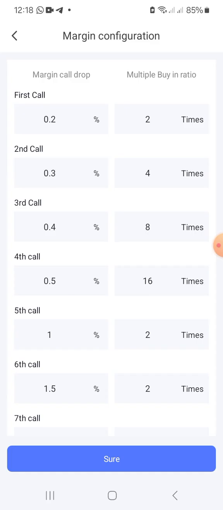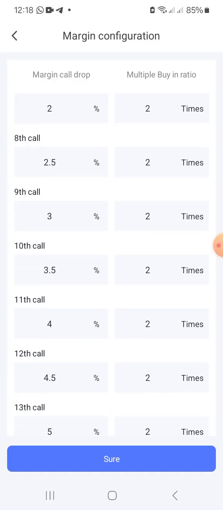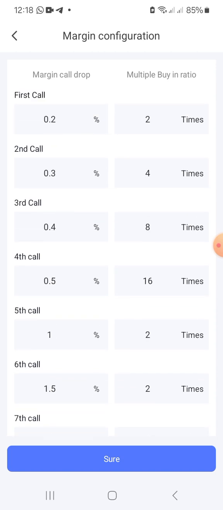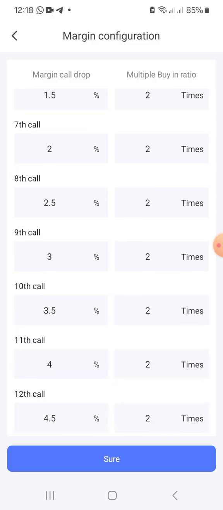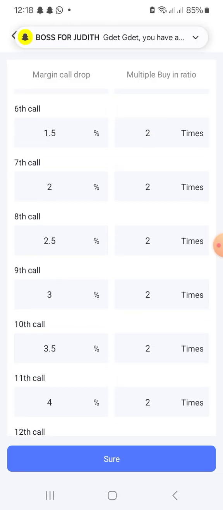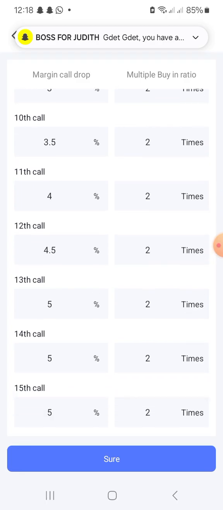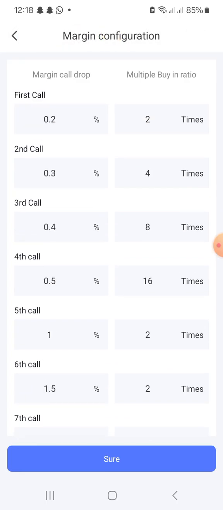So we have catered for a drop of almost 38, and that is good for the market situation we are in right now. When the market situation changes, you can change the margin call drop to 0.5 throughout, because the market will be so good and we want it to inject more money.